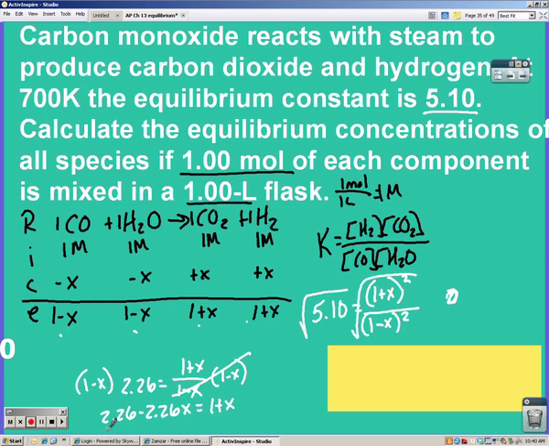Combine like terms: subtract both sides by 2.26, subtract both sides by x. And so I get negative 3.26x equals negative 1.26. Dividing both sides by negative 3.26, I get x is 0.38.